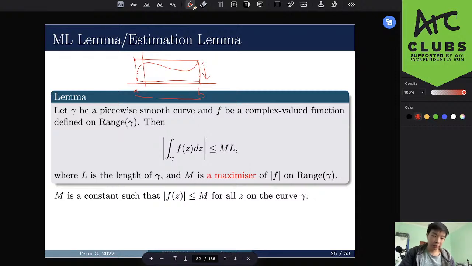And this is kind of the same in complex integration, but instead we're integrating along a path. You can think of the path as a fence, right? Each individual point has some sort of height, which is its modulus, and we can take the highest modulus and multiply it by the length of our curve, and what we should get is just the largest possible area that the fence can take up.